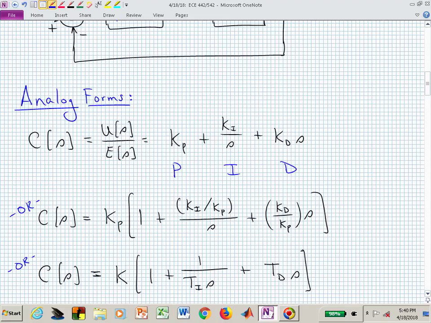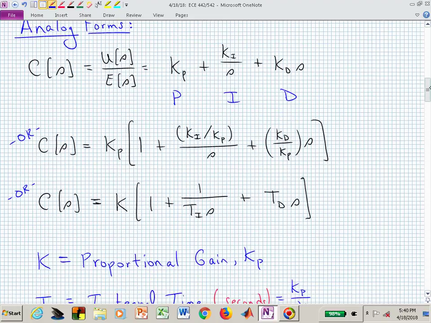And radians you can think of as almost dimensionless. And so now you have T times per second, and you need this term to be compatible with something that's dimensionless. So now you have T times S, where T is in seconds. This T sub I could be referred to as the integral time. T sub d could be referred to as the derivative time. And those are now units of seconds.